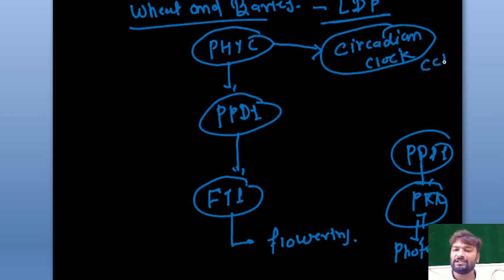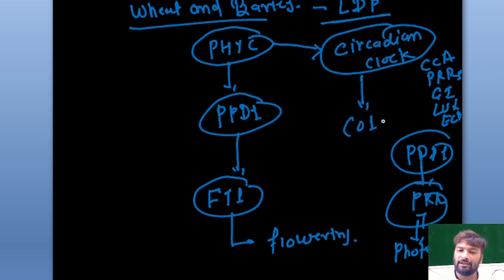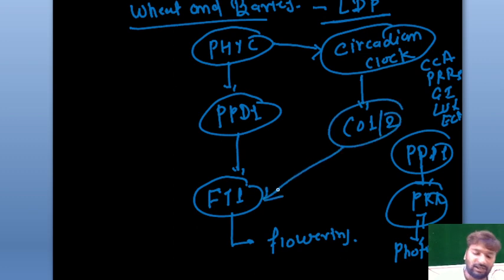We discussed there are a number of genes, CCA, PRRs, GI, LUX, ELF3, and they activate CONSTANS 1 and 2 and activate the flowering locus T genes. Also, this is the crosstalk of photoperiodism and circadian rhythms. Then there will be a process that is vernalization.